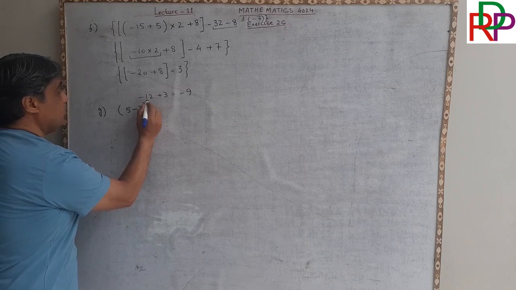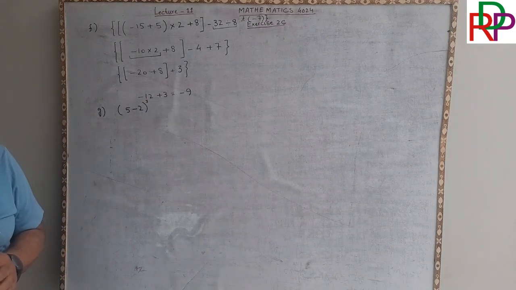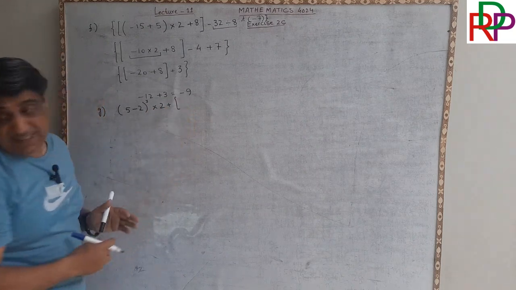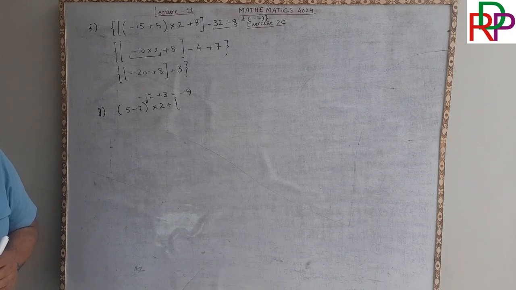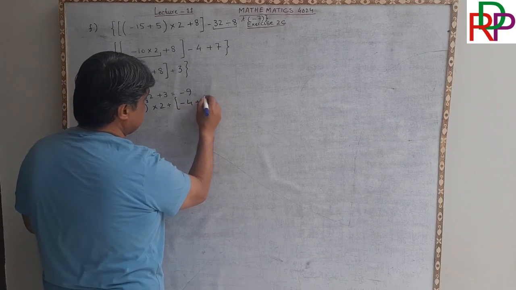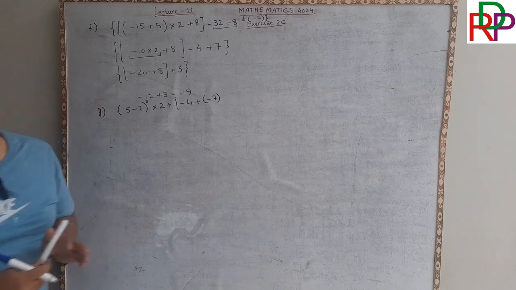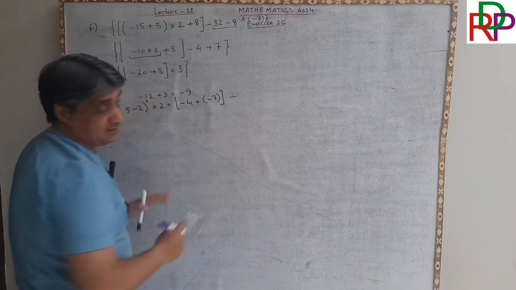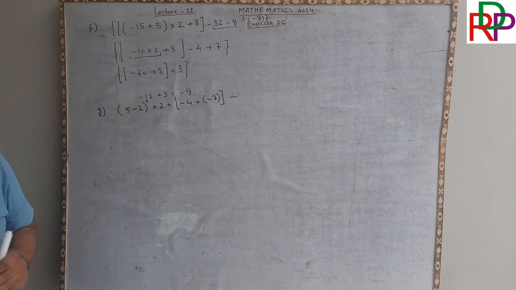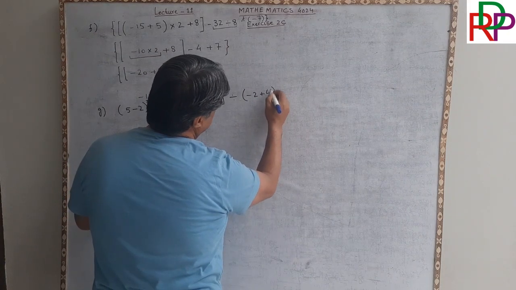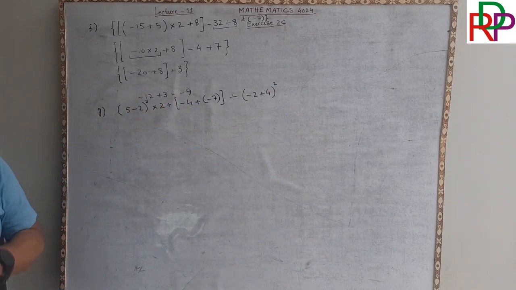Yes, it is whole cube, and then multiplied by 2 plus, and then this bracket: minus 4 plus minus 7, and then divide by minus 2 plus 4 whole square, and that is the answer.